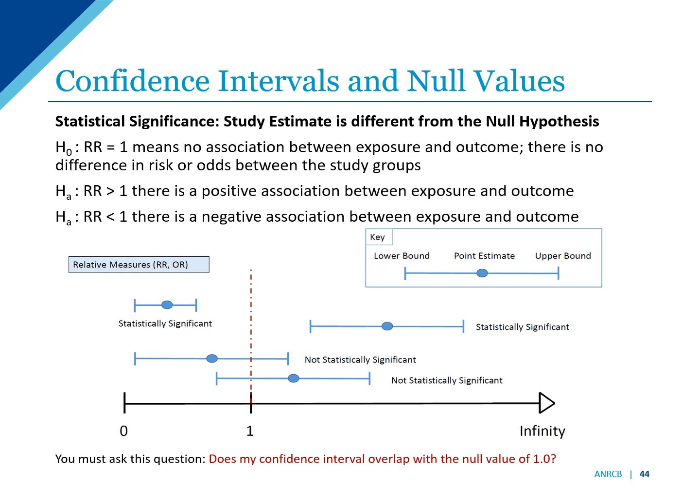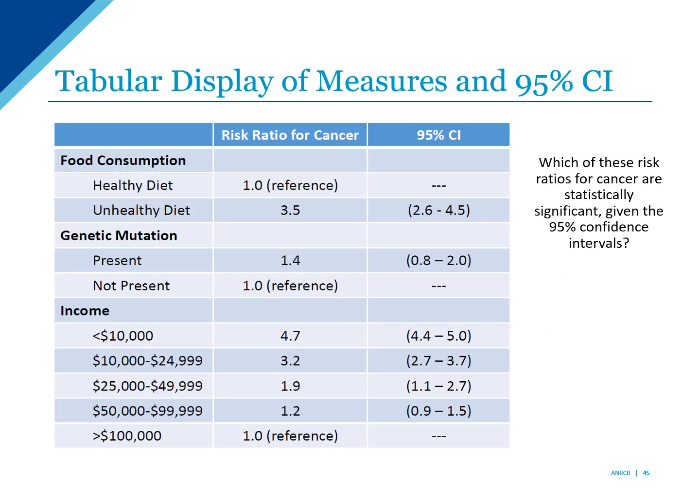And then there are the two at the bottom, where the interval crosses the null value of 1, so those are not statistically significantly different than the null value of 1, and we cannot reject the null hypothesis. This is the kind of table you would likely see in a study or a report from your study that would contain risk ratios and 95% confidence intervals.